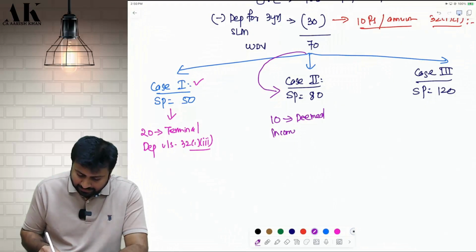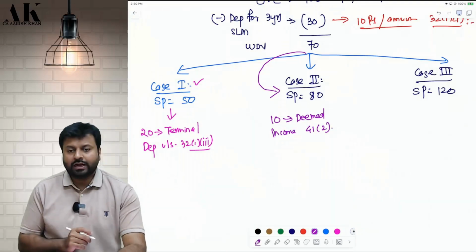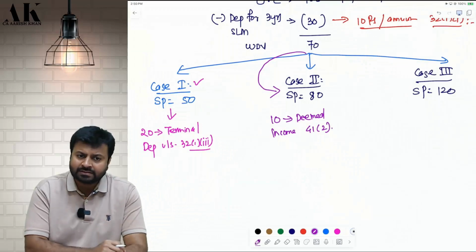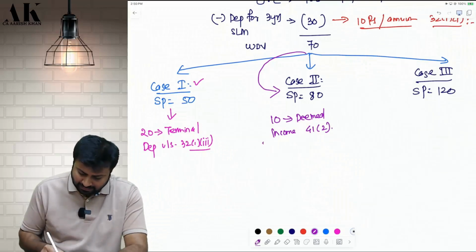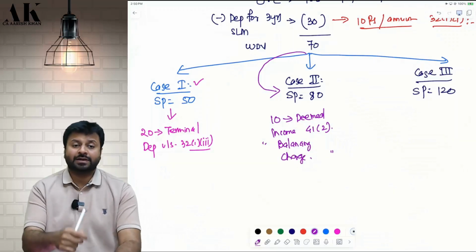That will be your income under PGBP under section 41(1). Sorry, not 41(1), 41(2). So that will be your income under section 41(2). Principle of equality. If there is a loss, we are giving you deduction. If there is a profit, you should also pay tax. And this deemed income is, in the technical words, it is called as balancing charge. What it is called as? Balancing charge by the government. Okay.